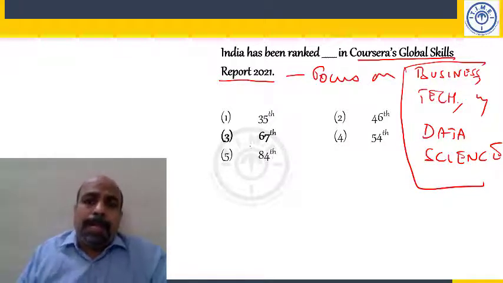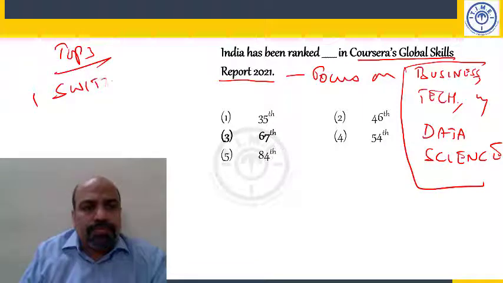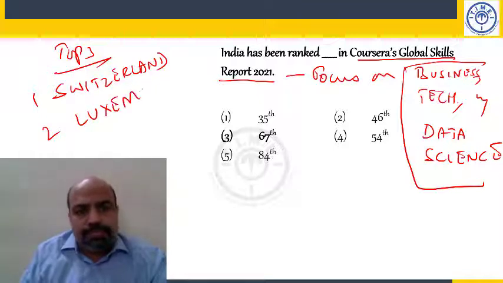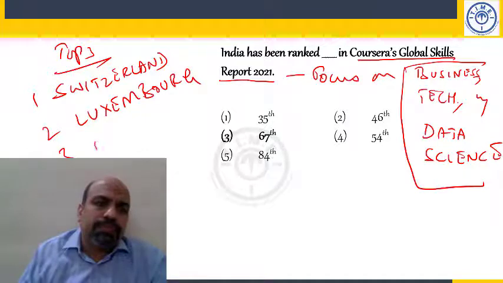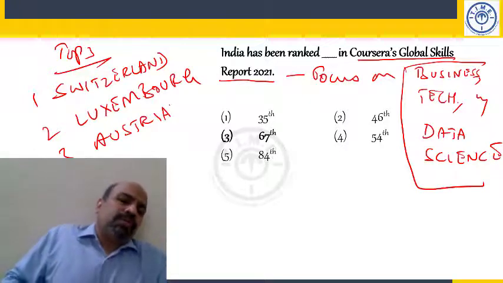Okay. The top three would be Switzerland, two, Luxembourg. You must be familiar with this country, Luxembourg. 3, Austria, pretty close to each other. In fact, all border states.